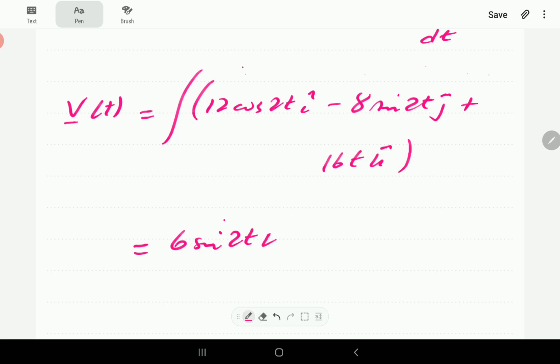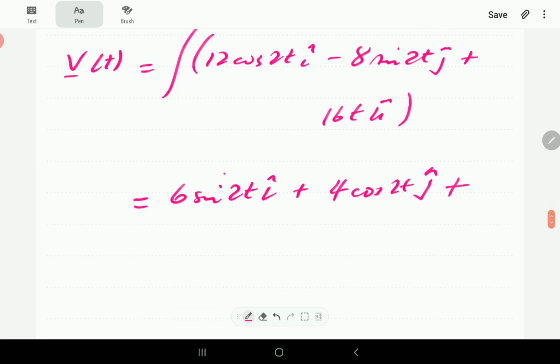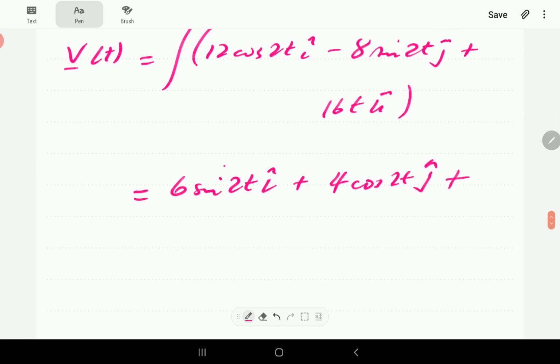So this is the i component. So here 4 cosine 2t j, and then 16t, the integral of that is going to be 8t squared. This is the k component.